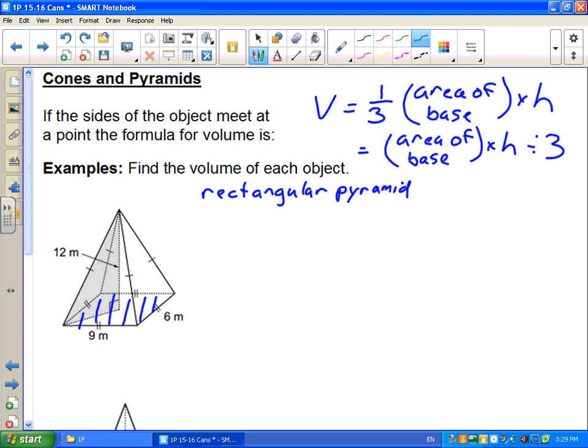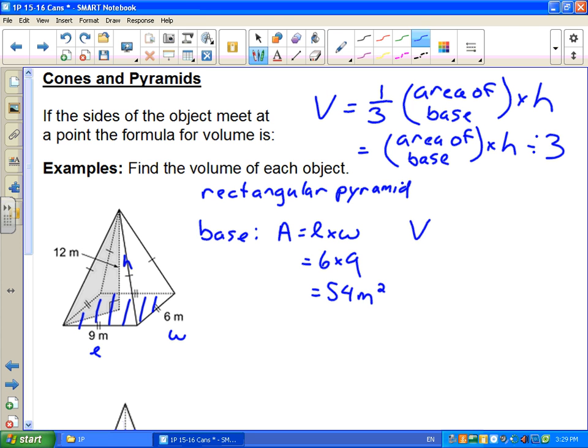So we are given the length and the width of the base, and we're given the height of the pyramid right up the middle here. So we can easily figure out for our base, area is just going to be length times width because our base is a rectangle. So 6 times 9, or 54 meters squared.